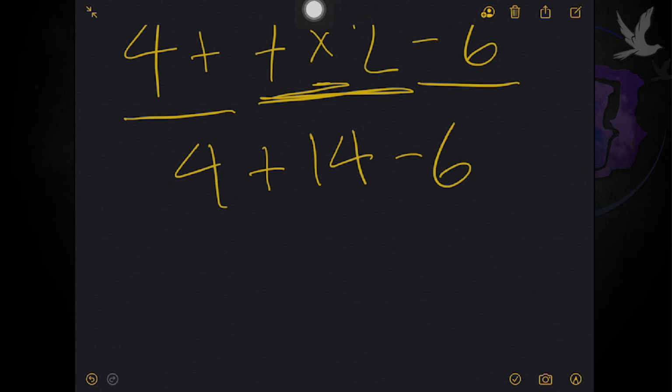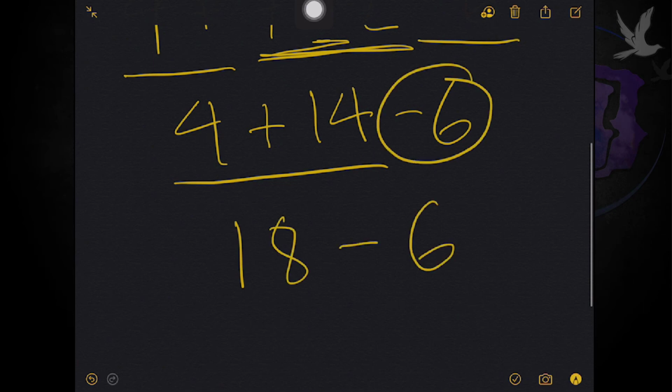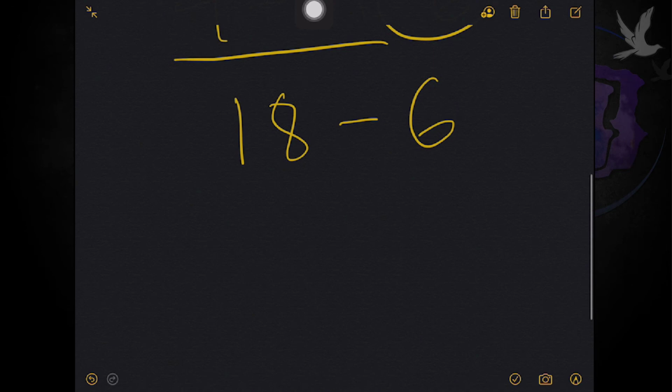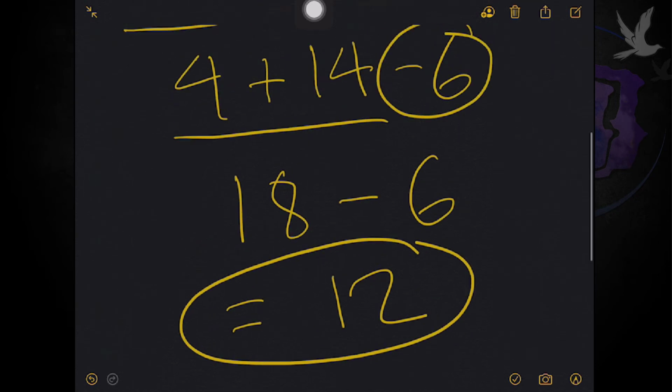So in this case, all you have to do is just to check it one by one. We have 4 plus 14, which will give us 18, minus 6. Of course, you're rewriting that. That's very important. 18 minus 6 will give you 12. Okay, so that's basically how you deal with G.E.M.D.A.S.